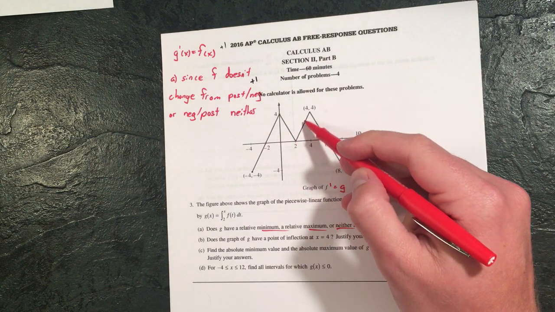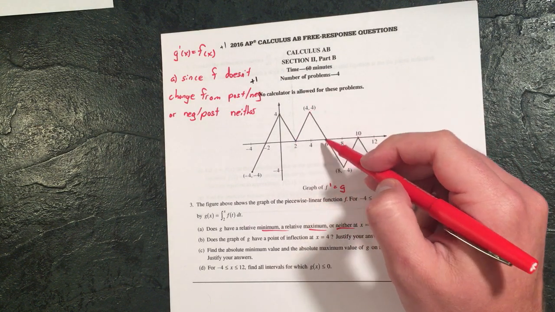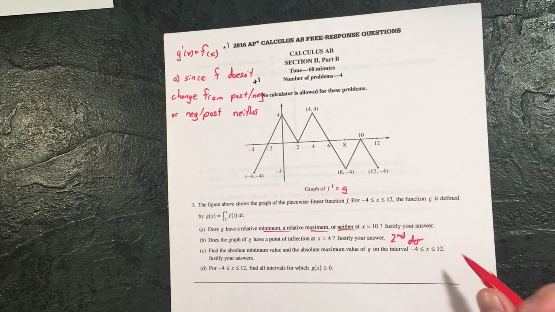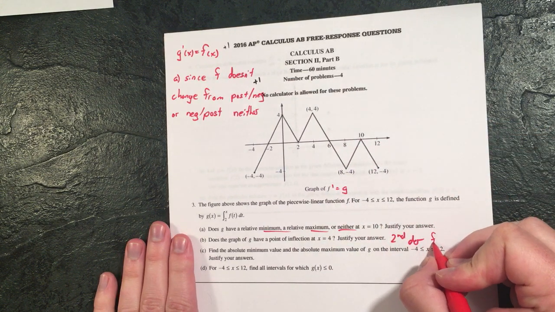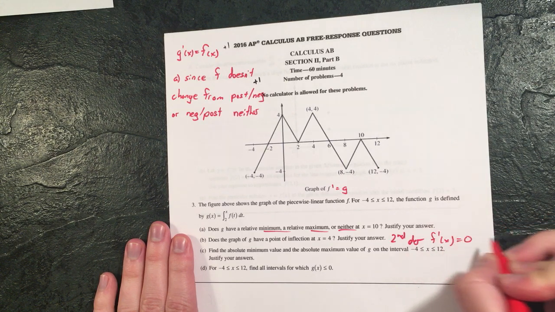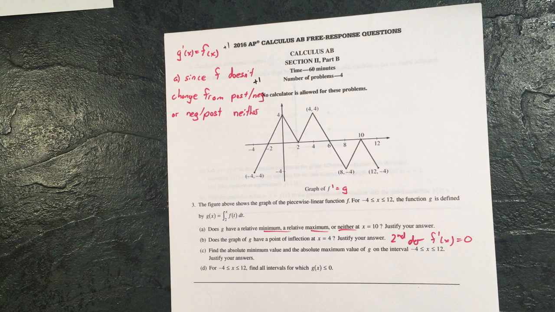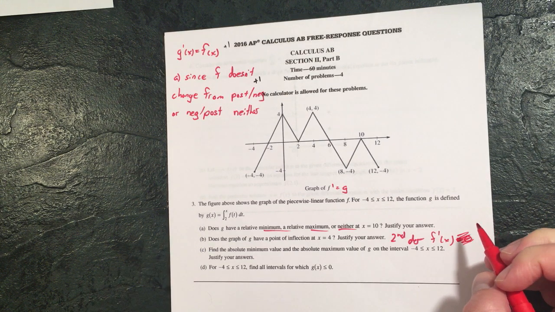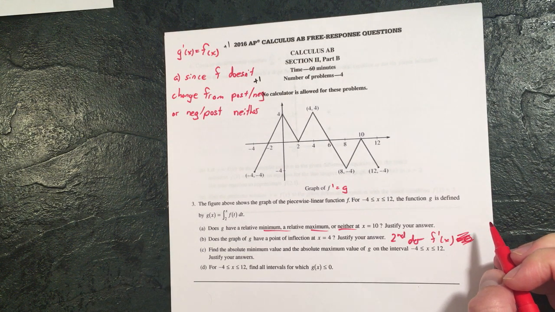To the left, it is going up, and it is going down after that point 4. So remember that second derivative there. So f prime of x would equal 0 at 4. Or it would change from positive to negative. It doesn't actually equal 0 because they're not smooth slopes. So the better thing is that it does change from positive to negative slopes.